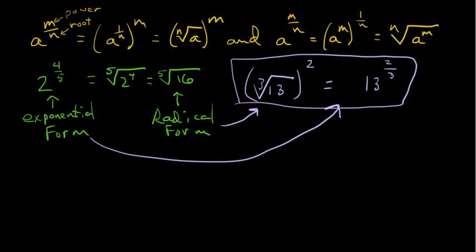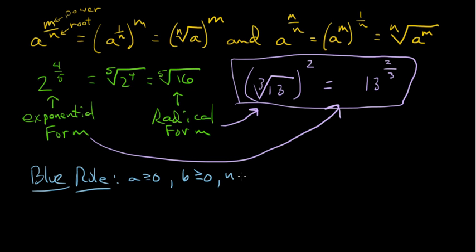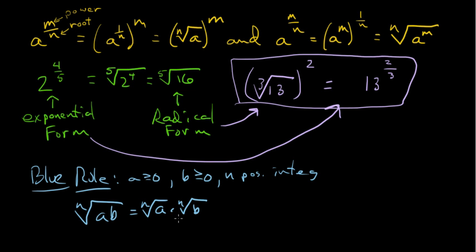And another blue rule, this time I will make it genuine blue. And that is, if A is greater than or equal to 0, B is greater than or equal to 0, and n is a positive integer, then we can say the nth root of A times B equals the nth root of A times the nth root of B. I hope this doesn't throw you.